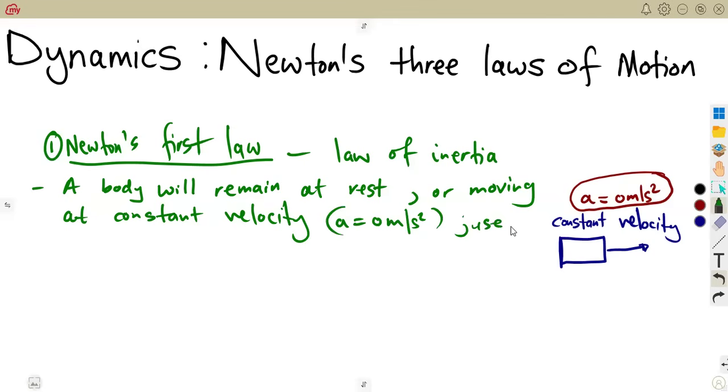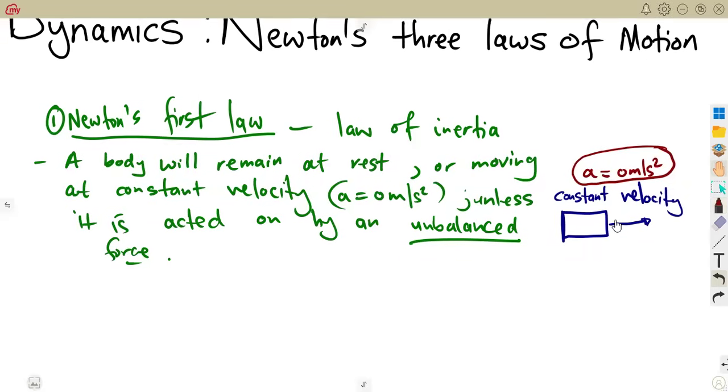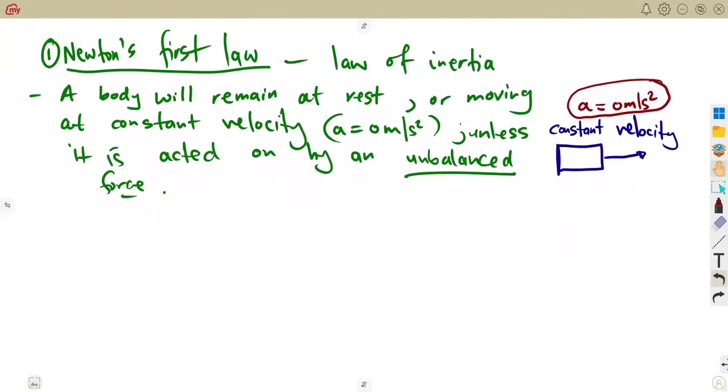Unless it is acted on by an unbalanced force. So it must be an unbalanced force that is going to affect it. So this is actually the basic part that you're going to have on the first law. So know that once there is an unbalanced force, then we are going to notice a movement.